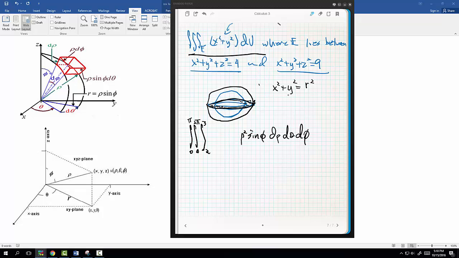Since r equals rho sine of phi, I can simply rewrite this as rho squared sine squared phi. If I wanted to rewrite the whole thing, it would be rho to the 4th sine cubed phi, and then we're just off to the races.